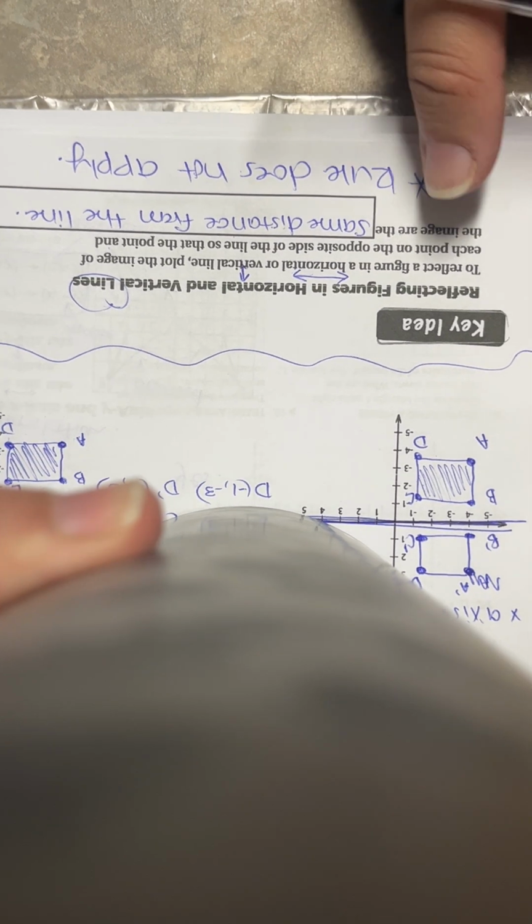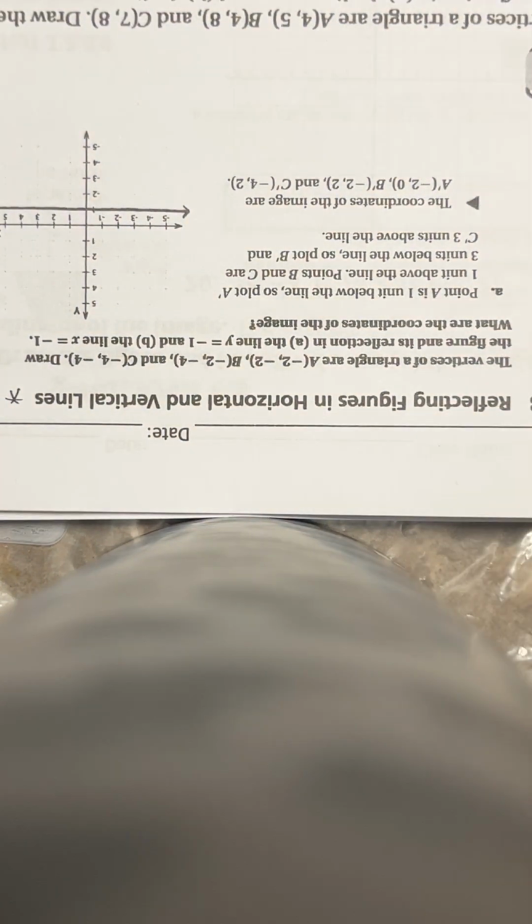So let's take a look at the top of the next page where we see that first example. Give me a second here to get that pulled up. Sorry. All right, so first example, reflecting figures in a horizontal or vertical line. I also have written here that the rule no longer applies. So maybe you could write that on the top of your page, but let's look at this example, okay?